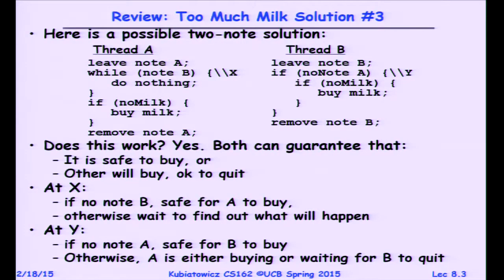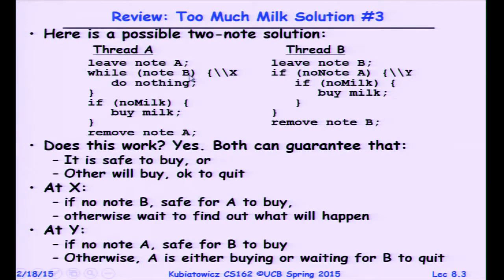And so we went through a bunch of solutions and came up with this one, which was a way to make sure that you only bought one half gallon of milk or whatever you're going after, and you didn't buy too many, and you definitely bought some. The thing about this solution, if you look carefully, is it's all fine and dandy, but it's not even symmetrical. Thread A and thread B do different things.